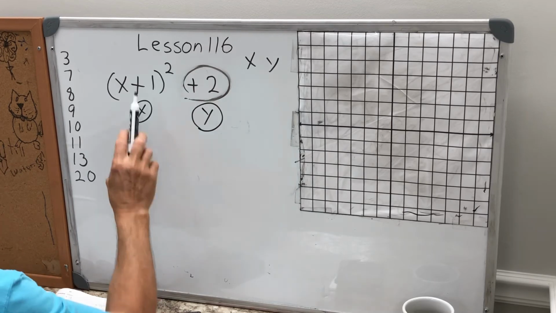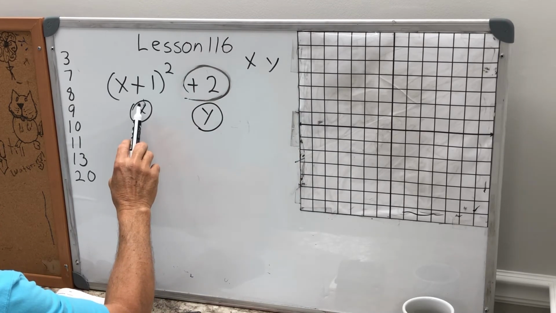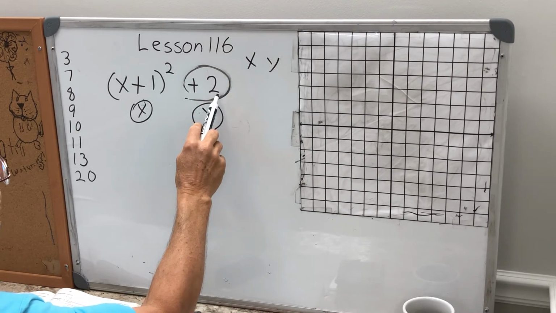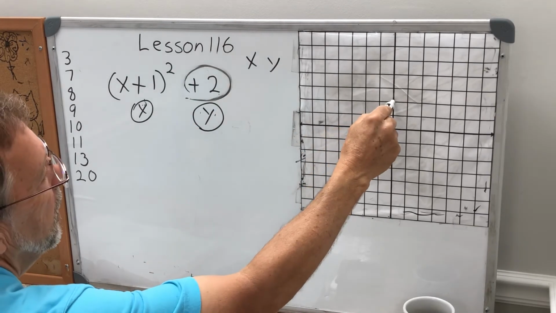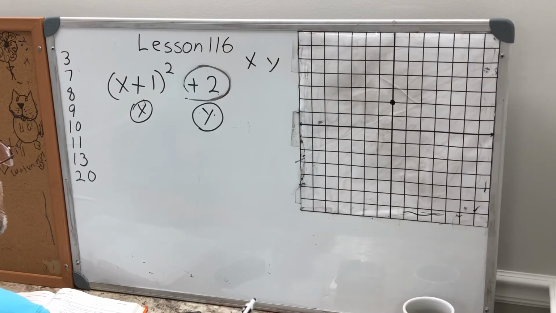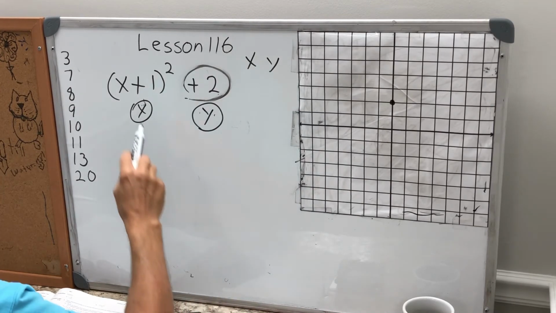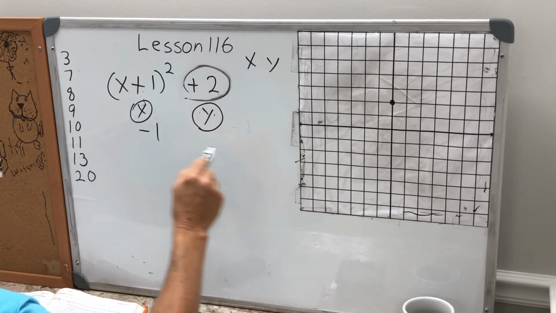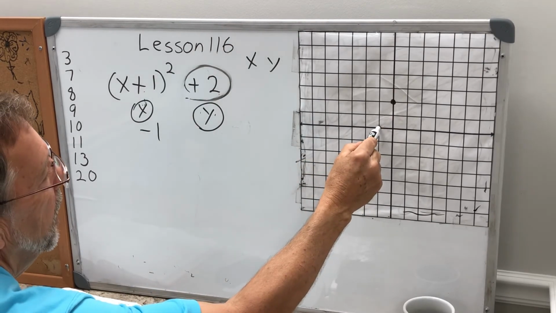That clear? This is going to be solved on the X line. This will be on the Y line. So we have a +2 on the Y line. That's going to be here. And the X line, this +1 is going to become a -1. So we have that right here on this -1.